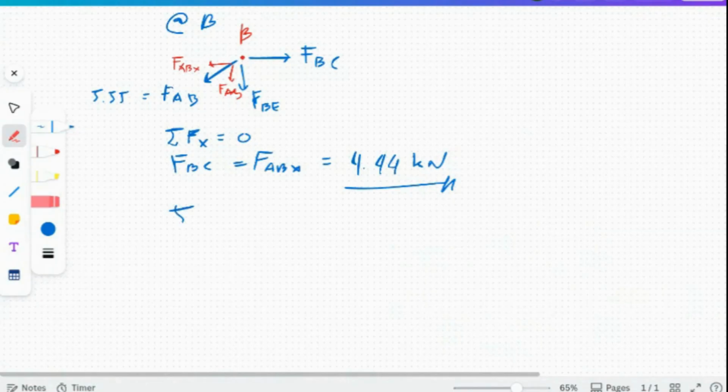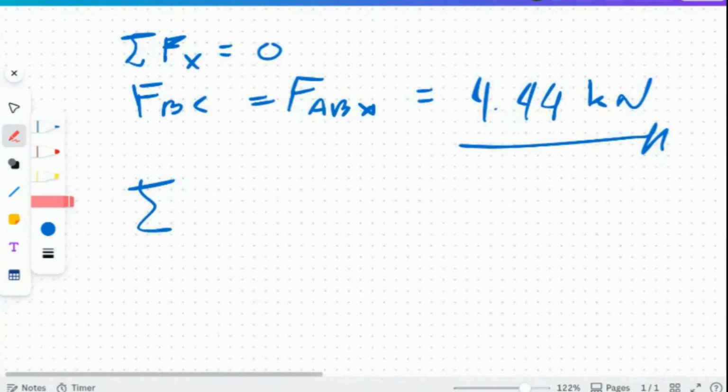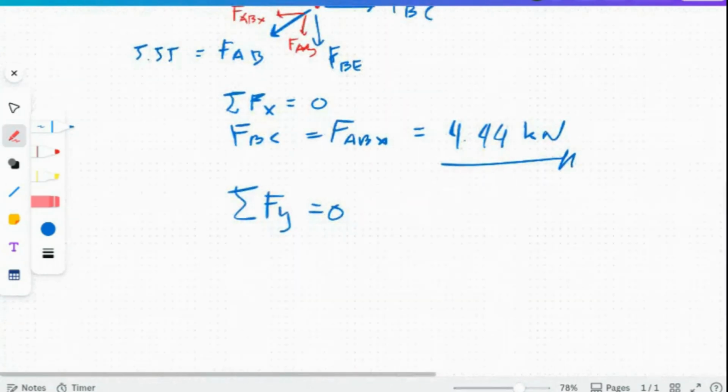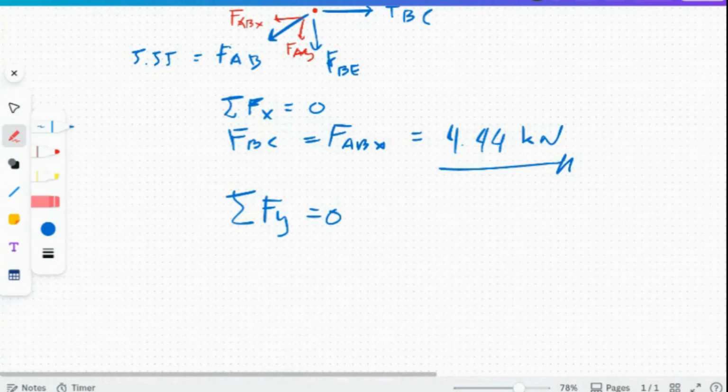Next, summation of vertical forces is equal to 0. Now, if you look at the diagram, both forces are going down. So that cannot be. FAY minus FBE is equal to 0.